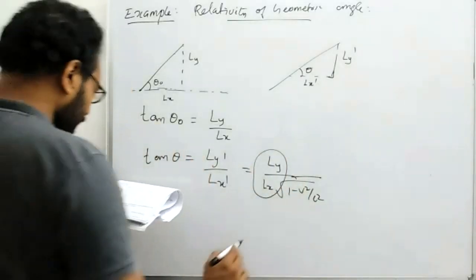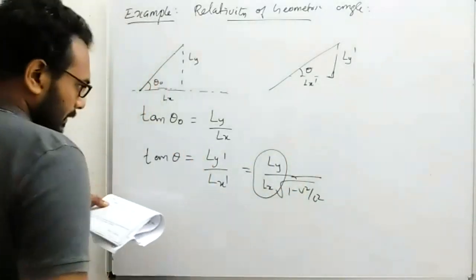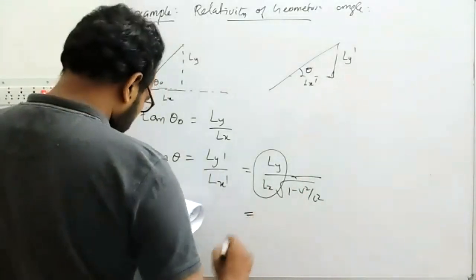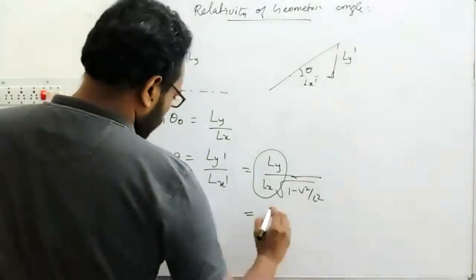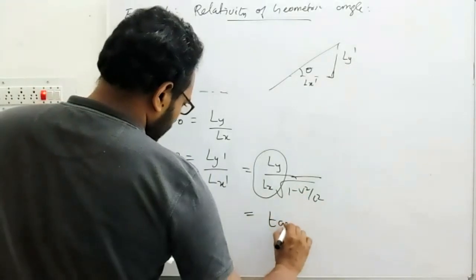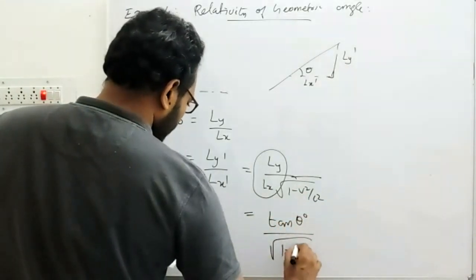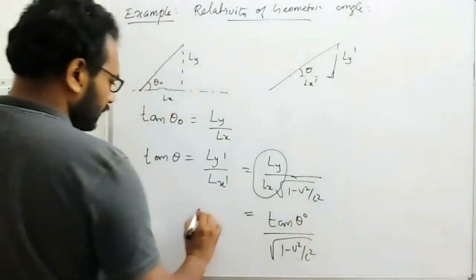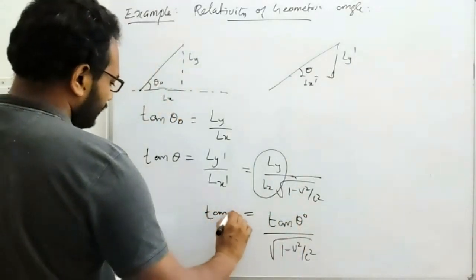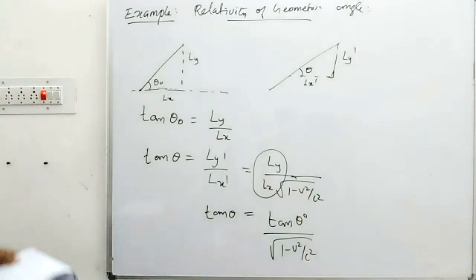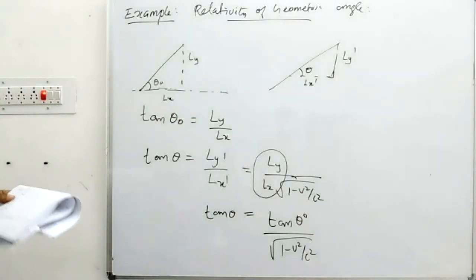So you see that this is equal to tan theta 0 divided by square root of 1 minus v square by c square. So tan theta is equal to tan theta 0 divided by square root of 1 minus v square by c square.